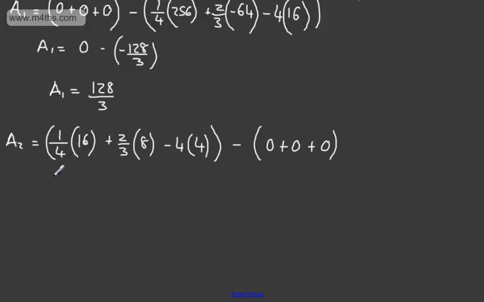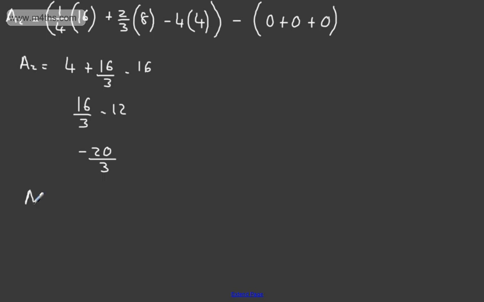We need to take the modulus of this. This is going to be 4, and then we're going to have now plus 16 over 3 minus 16. So this is going to give us now 16 over 3 minus 12, which will give us minus 20 over 3.